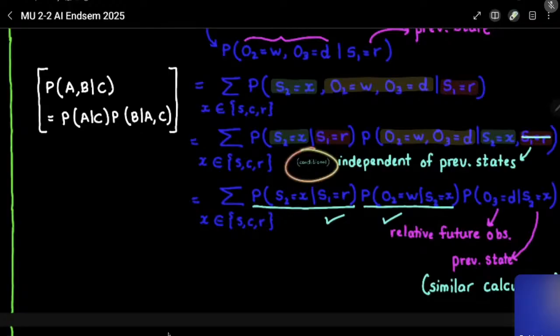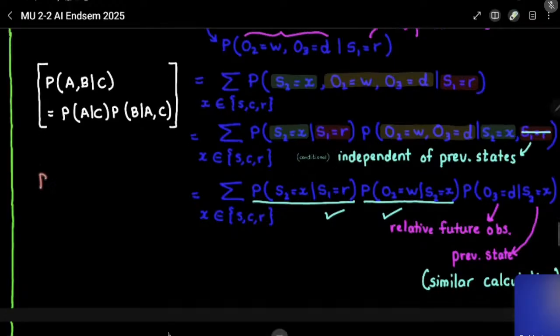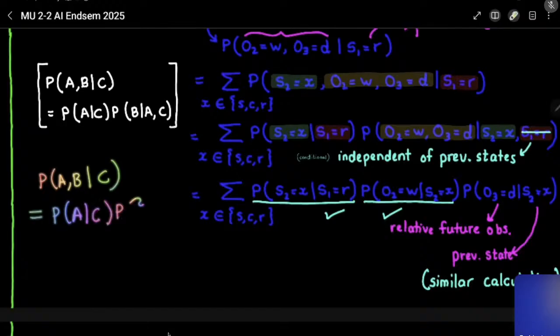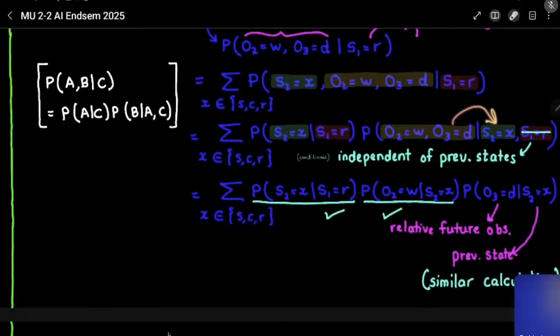So I wrote it in small text, conditionally independent. So what I'm supposed to write is probability of A comma B given C is equal to probability of A given C times probability of B given C. This is when A and B are conditionally independent. So I'll be applying that rule here. We know that all the observations are conditionally independent given the current hidden state. So I'll be splitting this. You can consider this as A, B and C. So you have A given C and B given C. This is directly the transition probability and this is directly the emission probability.